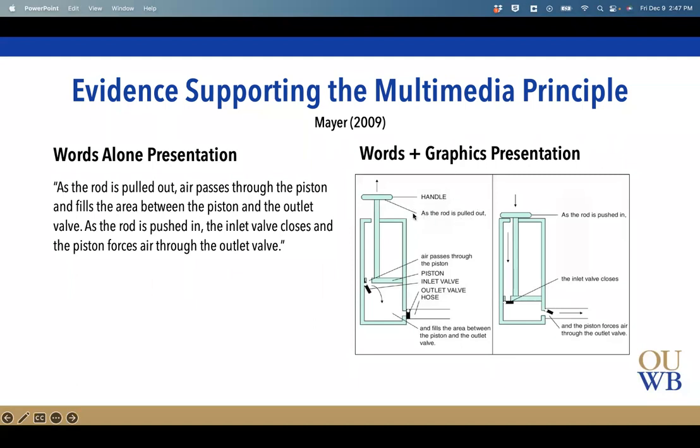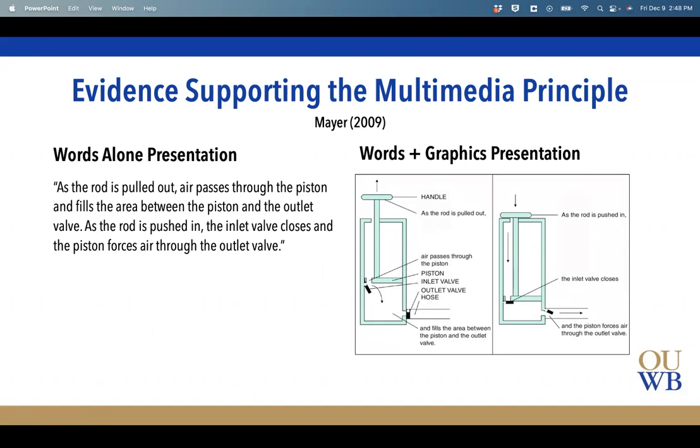So this bit of the text is pointing specifically at the rod, and down here below, we have the corresponding text put closer to the portion of the image that it's related to. So not only are the words being presented with a graphic, they're also adhering to the spatial contiguity principle, which is more related to managing essential processing. But students got the double benefit here of getting the graphic, but also having the words broken up so that they are more closely in line with what area of the image they're related to.